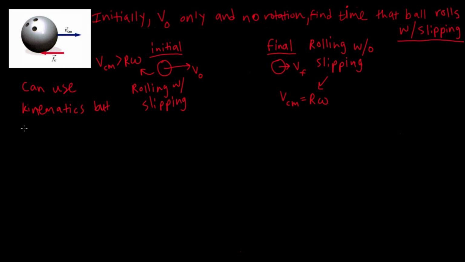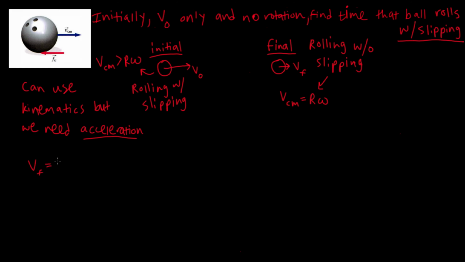We need to find the acceleration of the ball, because notice that there's a force of kinetic friction acting on the object. That force of kinetic friction is going to cause an acceleration, and so we would have to take that into account.